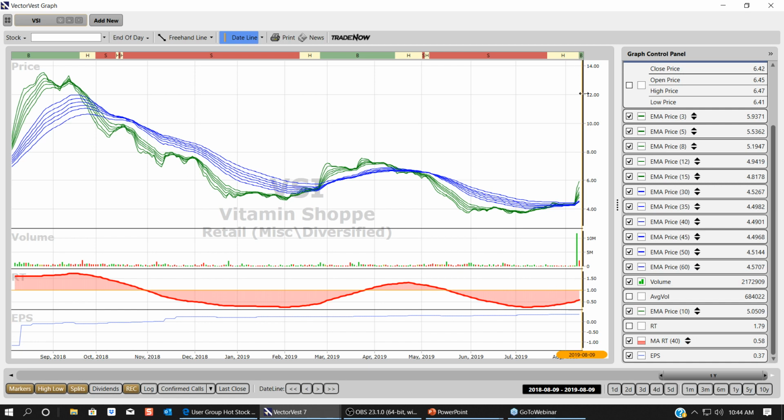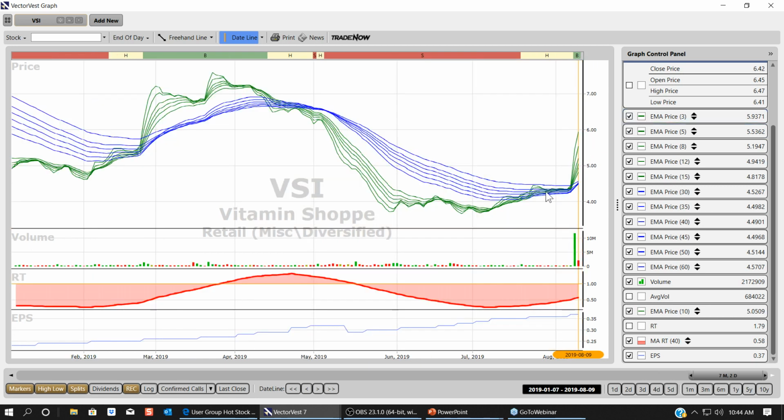Got a new buy rating, and if I zoom in here, we were in this period of compression, Eric and everyone, and we've come out of that compression with the short-term traders, and it does look like the blue lines are starting to expand as well. So this could be a good short-term play. I really like the buy rating, of course. I like the volume spike here. I like the fact that the RT moving average of 40 is starting to rise.